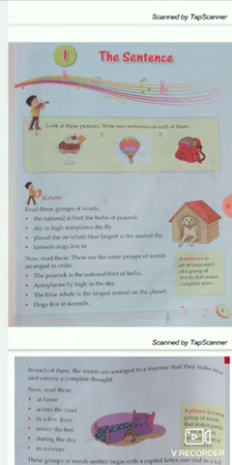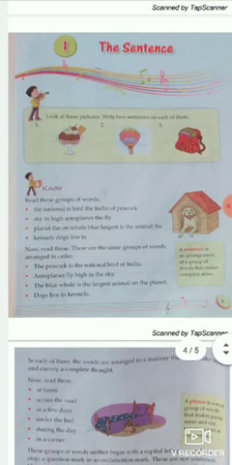Okay, so students, if we say only A or only B, then it is a letter.